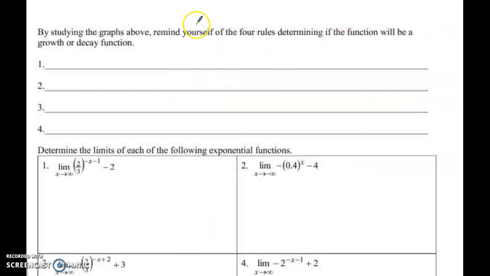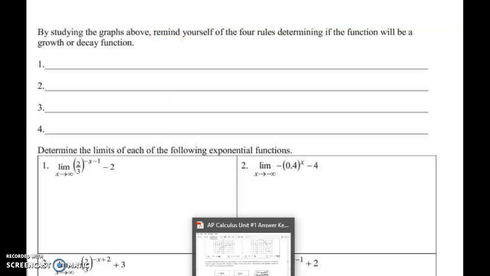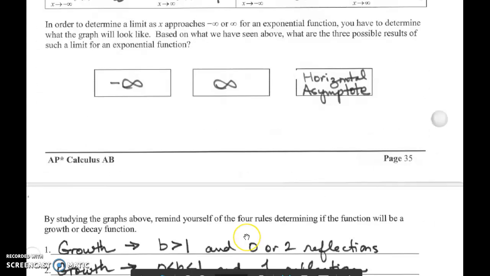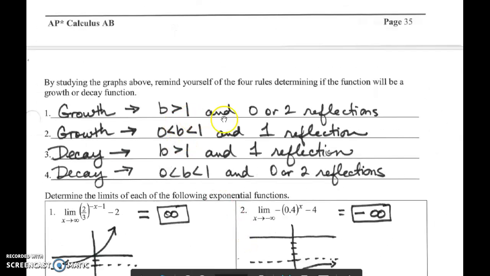As a quick reminder for your rules, and it might actually be faster if I just share the answer key with you, and I'll walk you through it, but it's just faster to write it this way. We saw this in pre-calculus, so it should be familiar to you, that we could have two ways of getting a growth function.